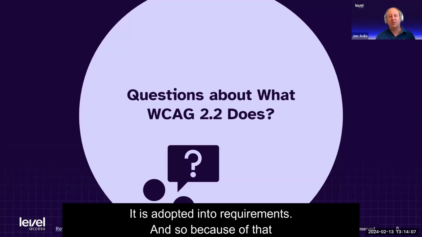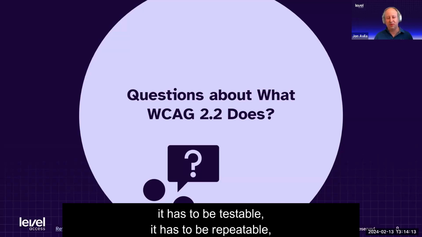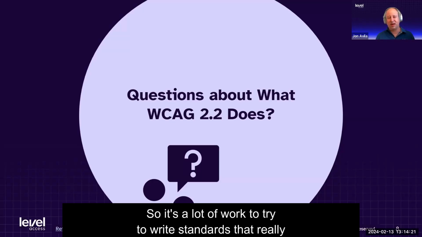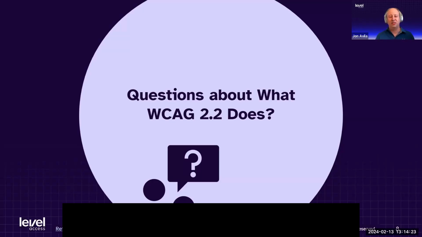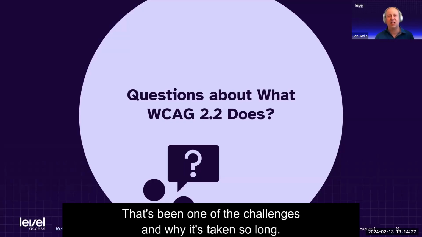Because it is adopted into requirements, it has to be testable and repeatable, and so it's very tricky. It's a lot of work to try to write standards that really can be used and adopted into regulations. So that's been one of the challenges and why it's taken so long.